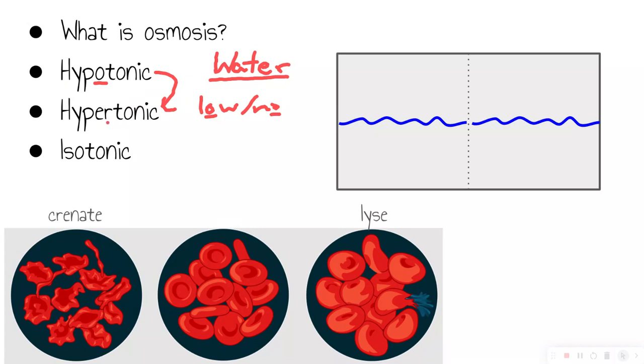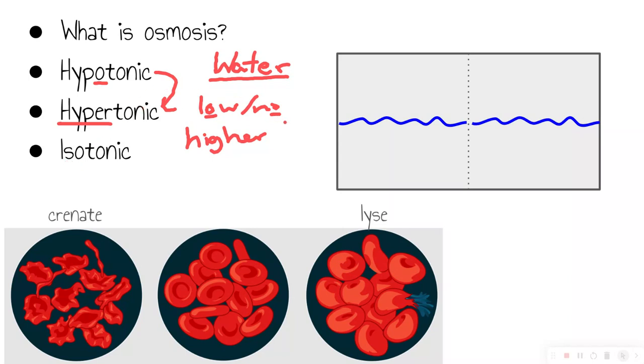In a hypertonic solution, we are going to have a high concentration of solutes. And I remember hyper, higher. So a hypertonic solution is going to have a higher concentration of solutes. And in isotonic solutions, we are going to have an equal concentration.